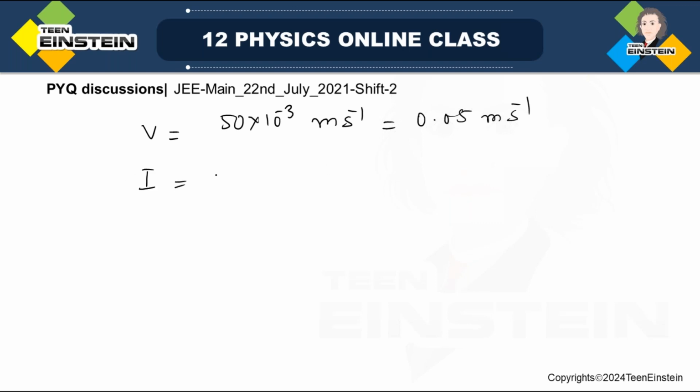Impulse will be the mass of the gun, capital M, into this capital V. That is the impulse imparted to the gun by the bullet. So 4 into 0.05 meter per second, that is 0.2 kg meter per second.